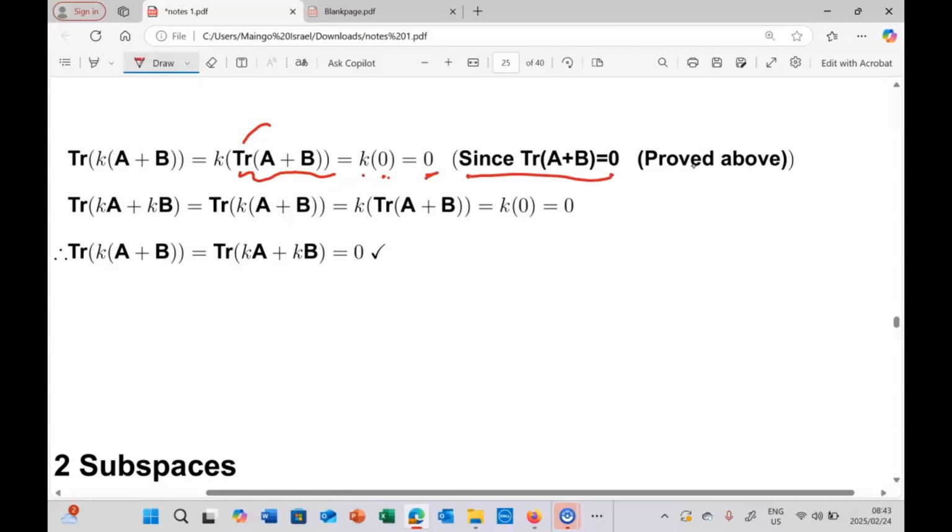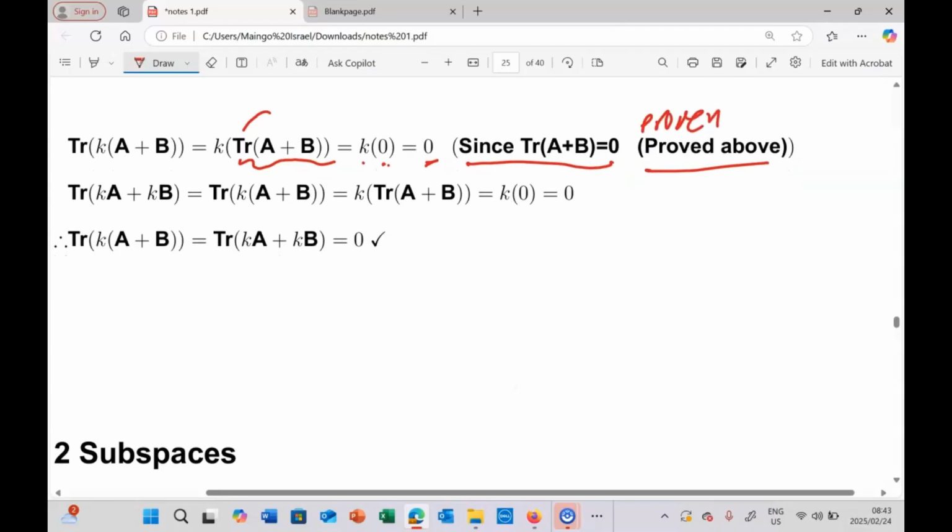Since the trace of A plus B is 0, this is proven above. So now, we also have to prove the trace of kA plus kB. But we know that here, we can take out the common factor of k.